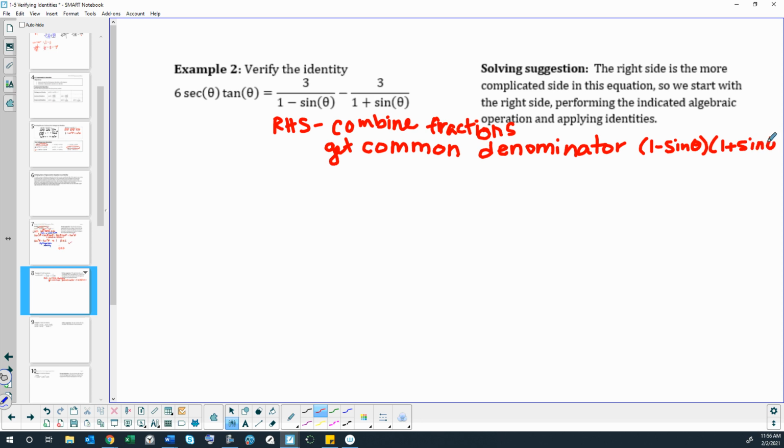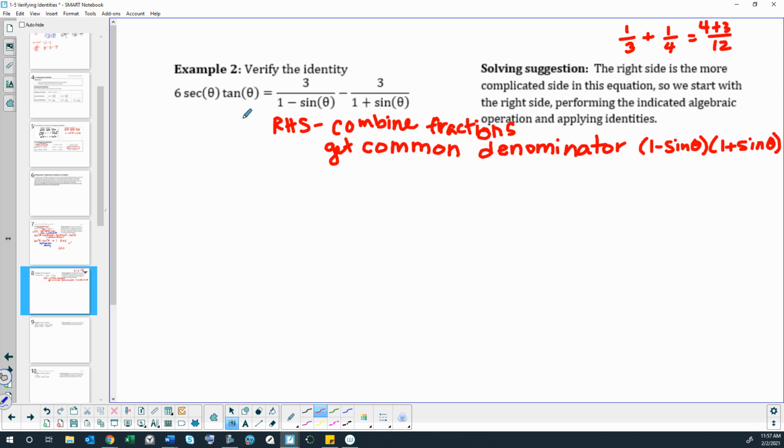Just because they both have a 1 and a sine theta in them doesn't mean they are the same number. Like if I needed to add 1/3 and 1/4, 3 and 4 are completely different numbers. I would need to multiply those together to get my common denominator, right? And then I would have a 4 plus a 3, so I'd have 7/12.